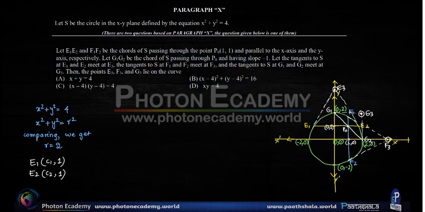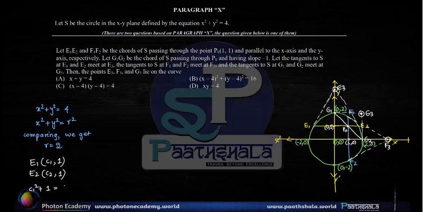And these satisfy the equation of the circle. So putting the value in the equation of the circle, for E1 we get C1 square plus 1 is equal to 4. That implies C1 square is equal to 3. That implies C1 is equal to plus or minus root 3.